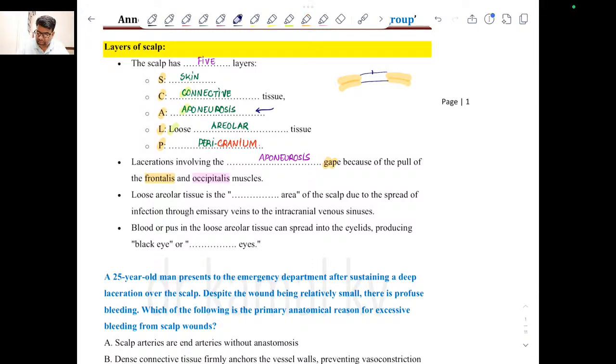So whenever there is any laceration like this, because of the pull of the 2 muscles, this wound will open up more. So it will become something like this. Clear? Just because of the pull of the muscles, the wound tends to gape. So that is the importance of this particular layer, aponeurosis.